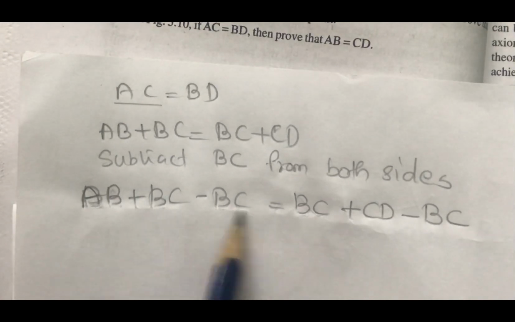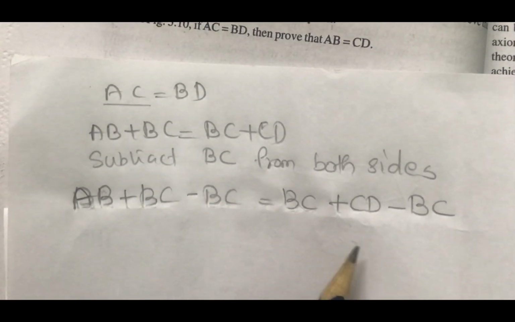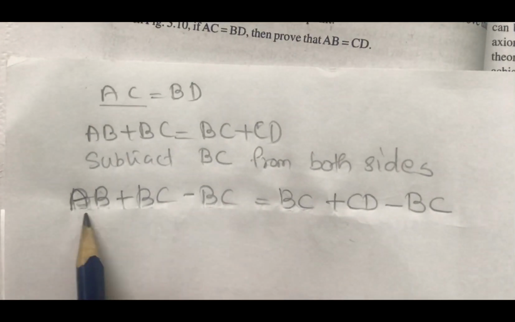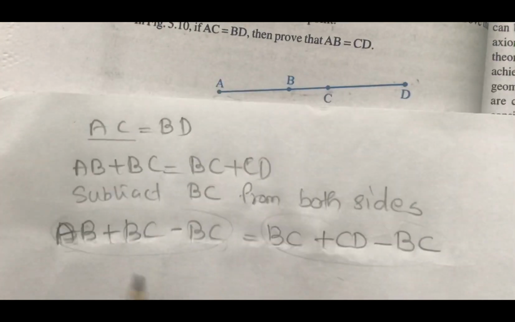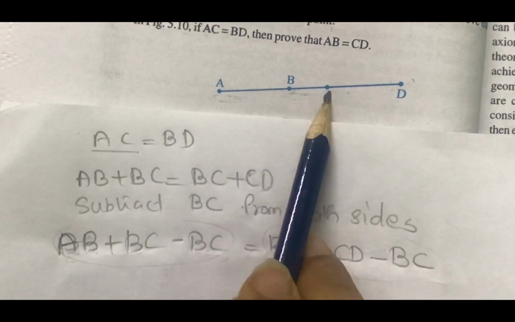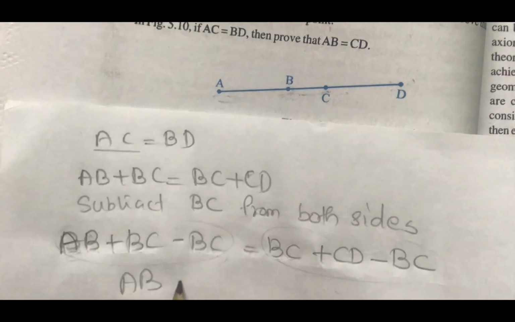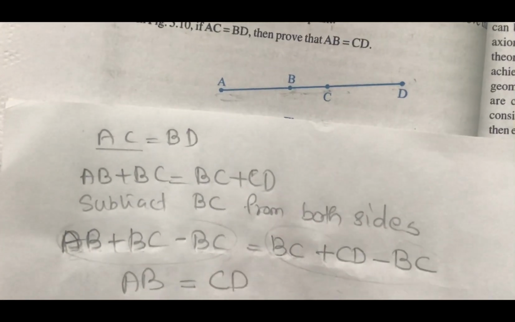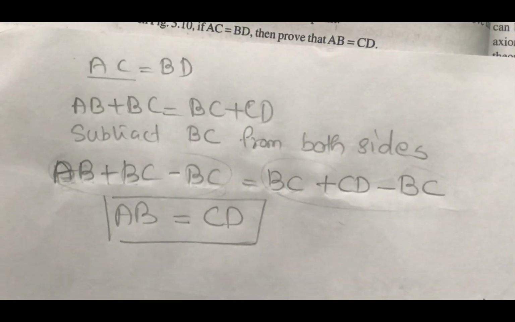So if equals are subtracted from equals, remainders are equal, right? We have studied that. So AB plus BC minus BC is AB. AB will be equal to CD. So we have proved AB will be equal to CD.